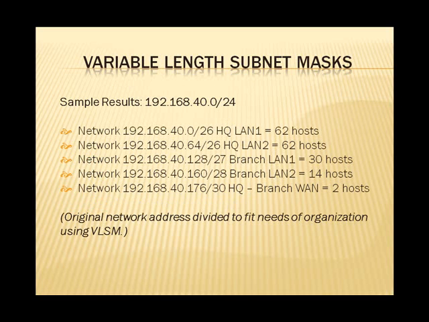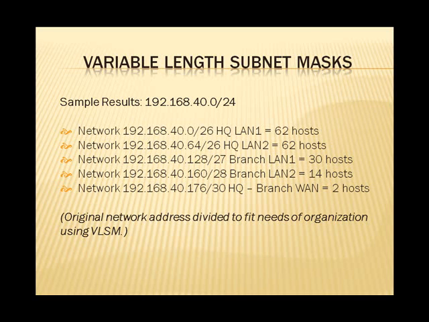It will result in network 1, which would be HQ LAN 1, having 62 possible host addresses and starting with the 40.0. HQ LAN 2 has the same possibility, but would start with a 192.168.40.64.